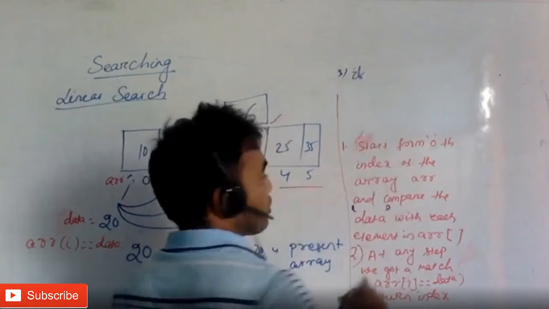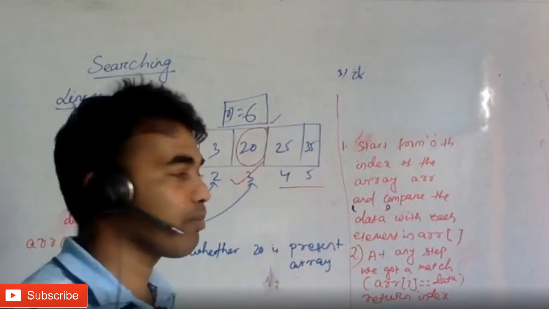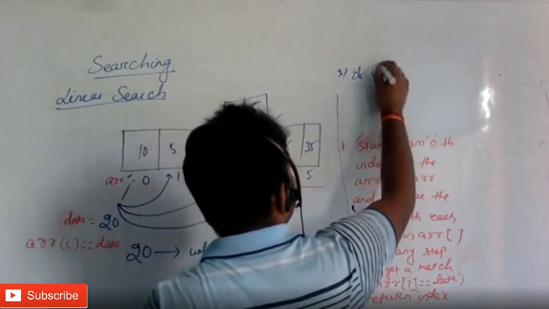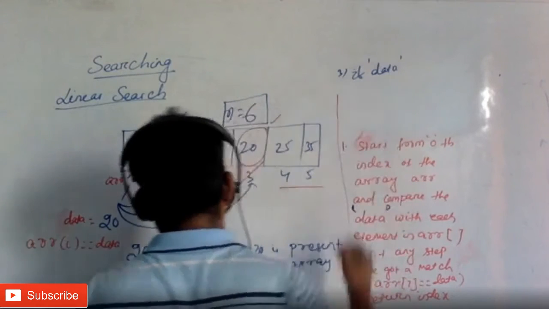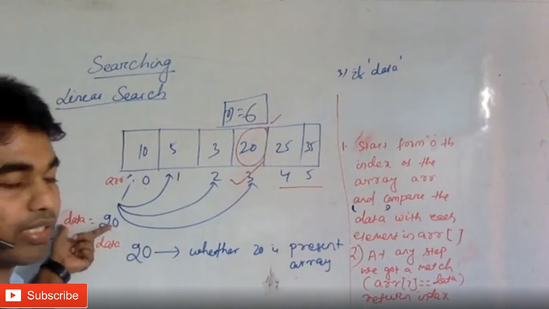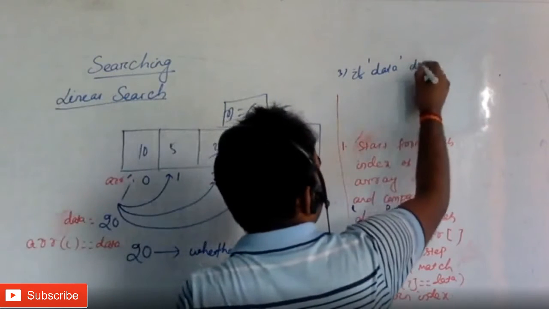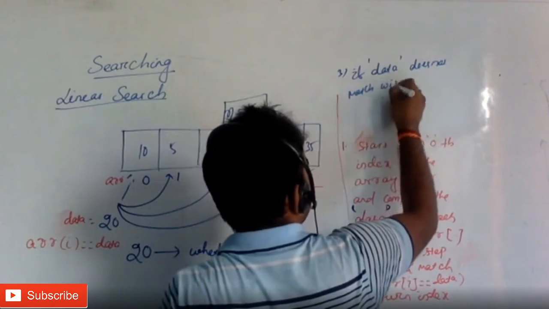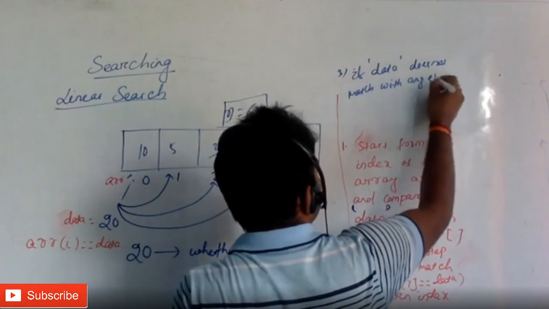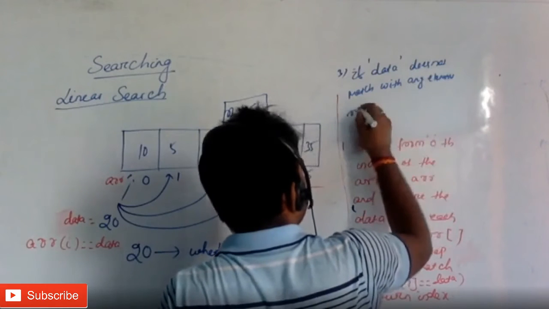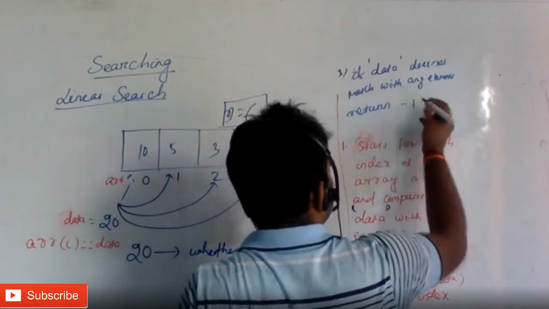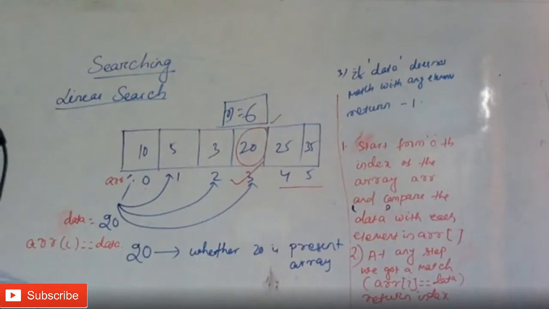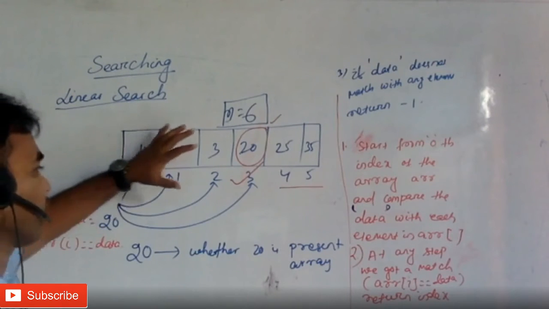If data, meaning X or whatever value you are trying to search, does not match with any element, then return -1. So this is the algorithm, very straightforward. Nothing much complicated. Simply we will start with the 0th index and try to compare.